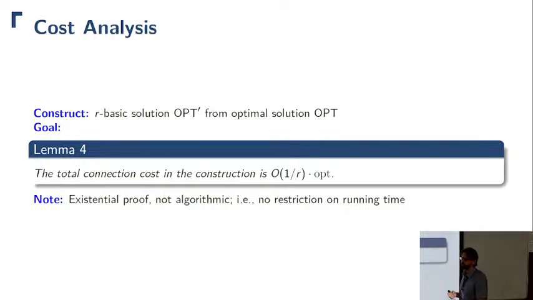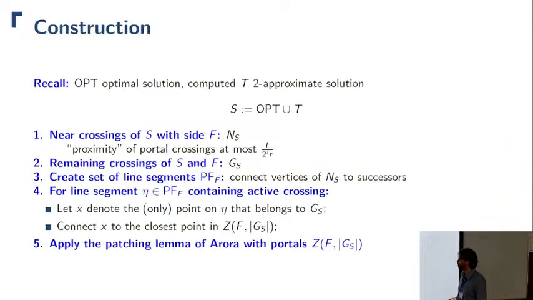So that means from now on we only have to show an existential proof. We do not have to talk about running times anymore. So everything we do from now on is simply to show that the solution is good.